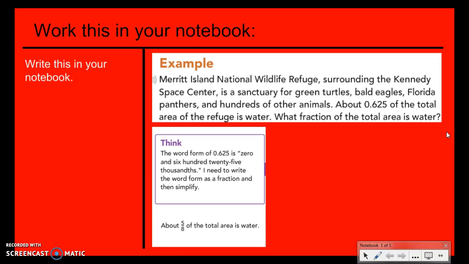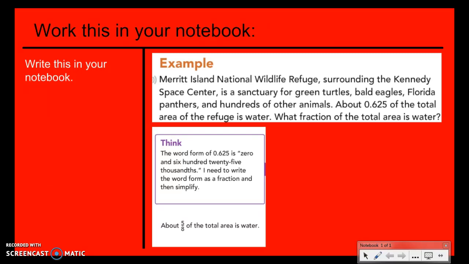Alright. Merritt Island National Wildlife Refuge, surrounding the Kennedy Space Center, is a sanctuary for green turtles, bald eagles, Florida panthers, and hundreds of other animals. About 625 thousandths of the total area of the refuge is water.